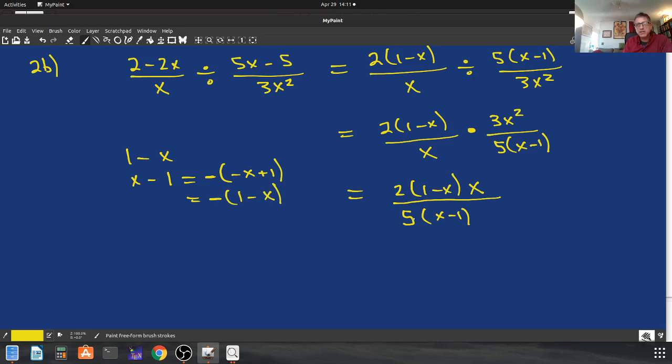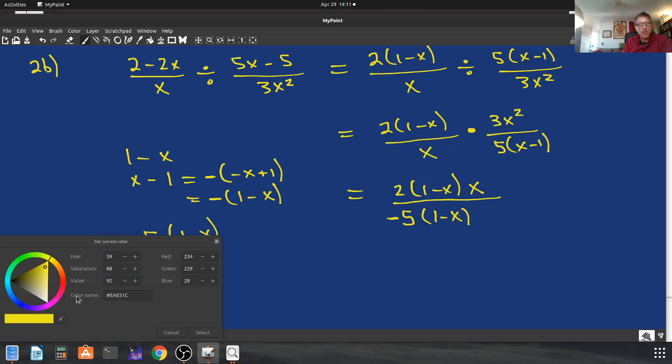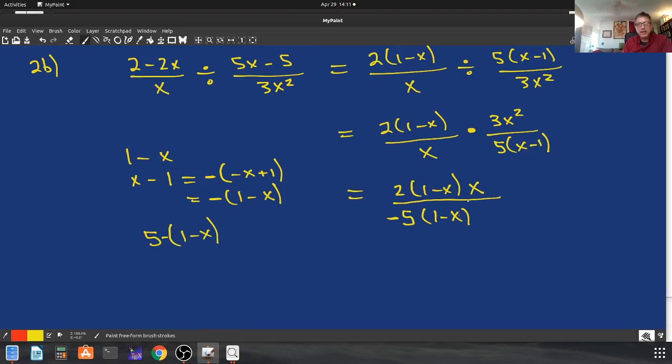So I'm going to rechange this. The minus here is minus 1, so that minus is going to come out, because literally what I'm doing is multiplying 5 times minus 1 minus x. So that's how I'm going to get my minus 5, and all I have to do now is rearrange my terms, and I have yet one more factor that I can factor out.